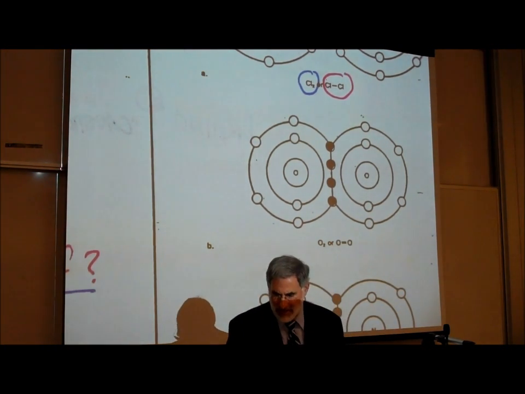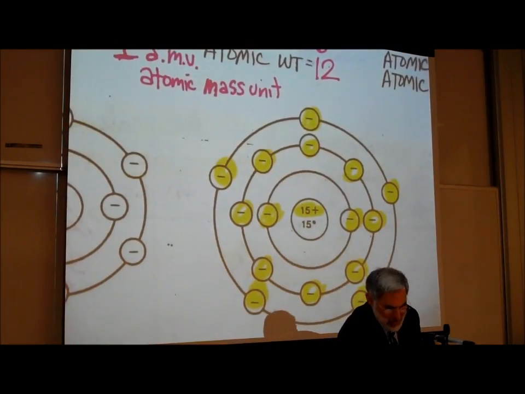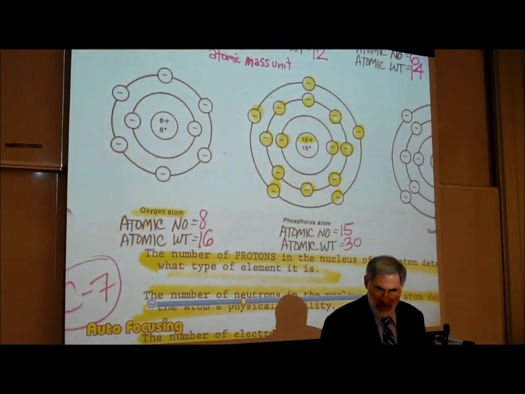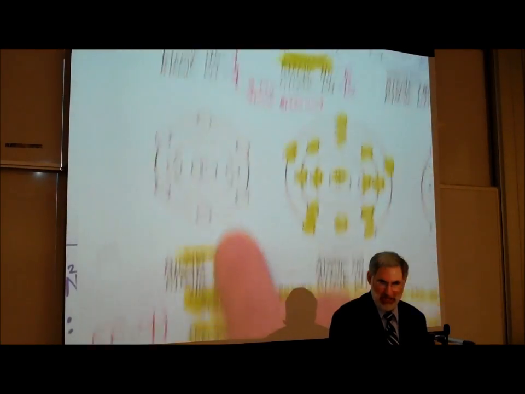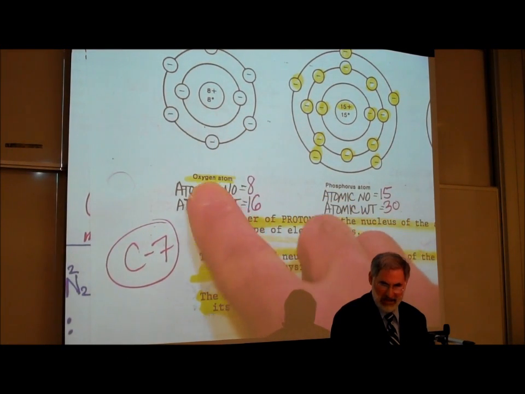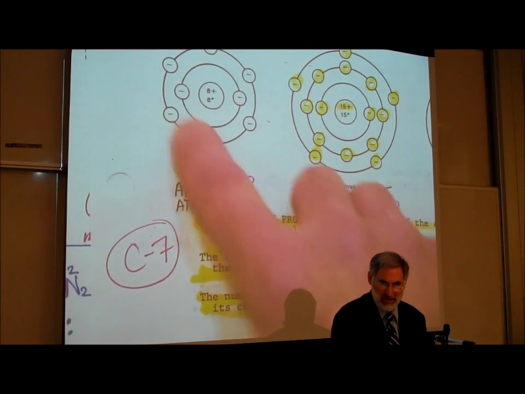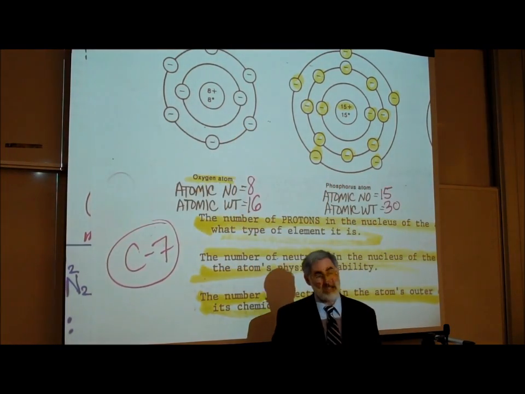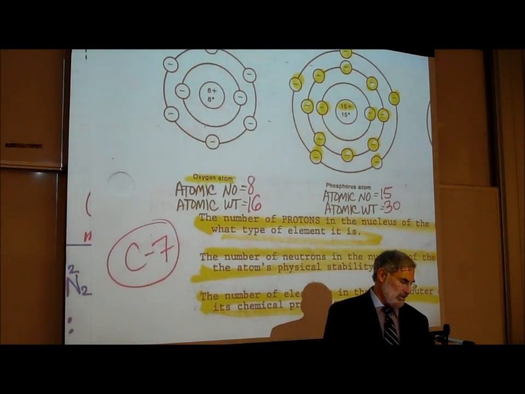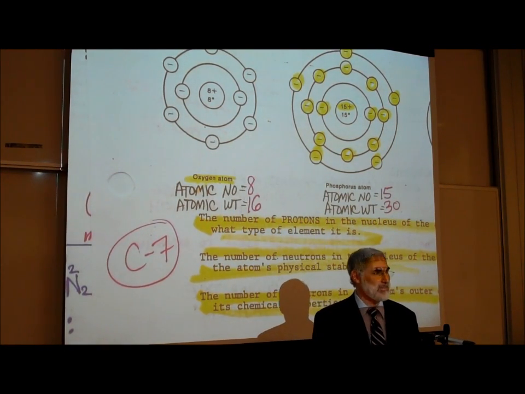Now, we've already seen pictures of oxygen, originally on page C7. On page C7, you've got a picture of an oxygen atom in the 2nd row. And you'll notice that oxygen has 6 electrons in its outer orbit. And each oxygen wants 2 more electrons. You'd also know this on the periodic chart, because oxygen is in column 6, the same as sulfur.